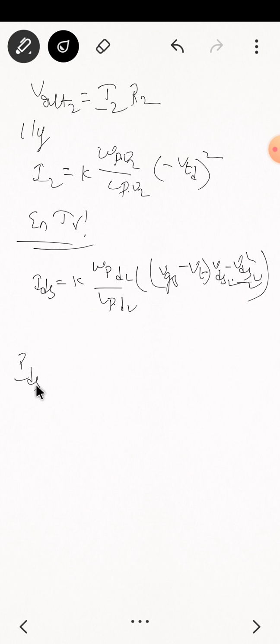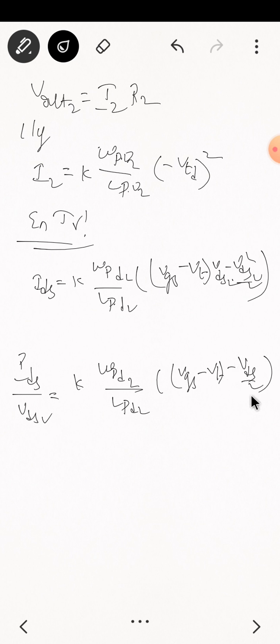Then for IDS, VDS is common, keeping VDS by 2 here, it is equal to K into WPD2 by LPD2 into VGS minus VT minus VDS by 2. After we subtract, we remove this one because VDS is very small, so VDS by 2 is also very small and we can neglect it.